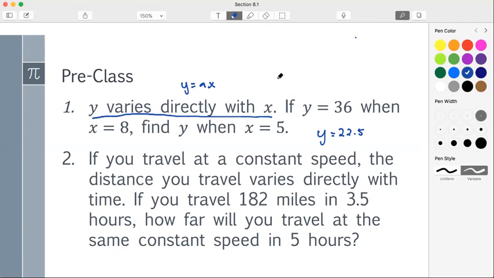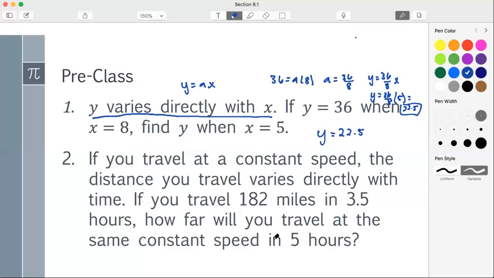So you're going to use y equals 36 equals a times 8. Solving, you get a equals 36 divided by 8. And then you substitute that back into your equation, and that's how you get y equals 36 over 8 times x. And then finally, y equals 36 over 8 times 5. And that's where you get 22.5.